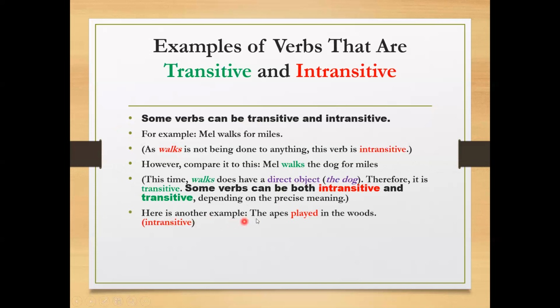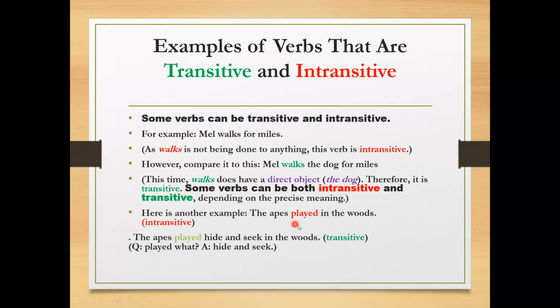Here is another example, dear student. The apes played in the woods. It is an intransitive verb. It cannot change into the passive, and it does not contain any direct object. Now, the apes played hide and seek in the woods.